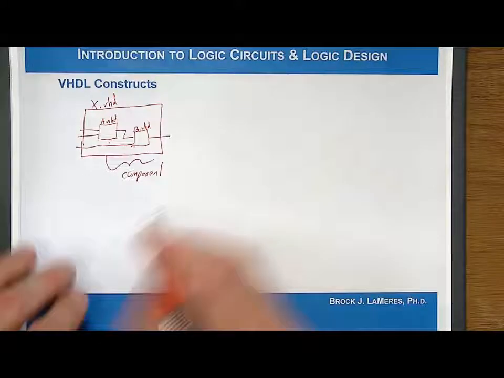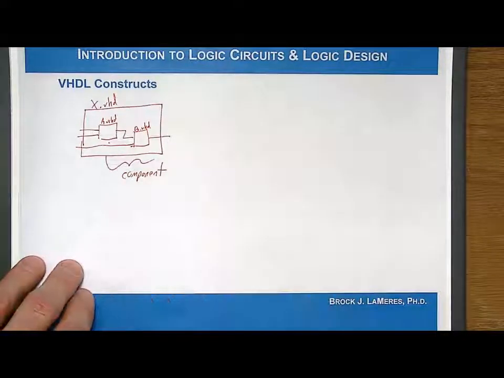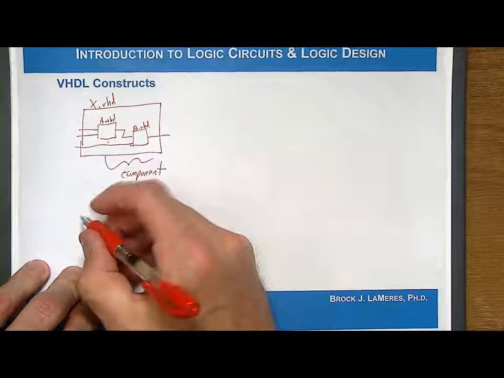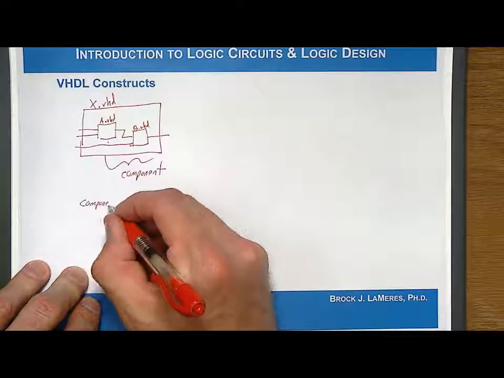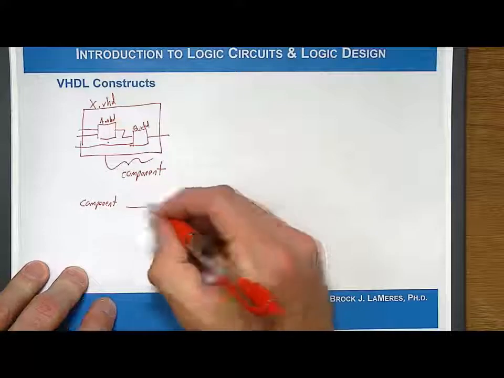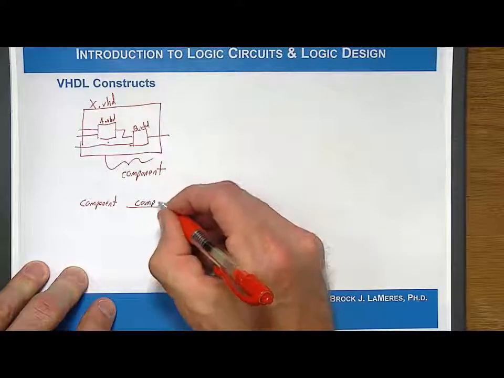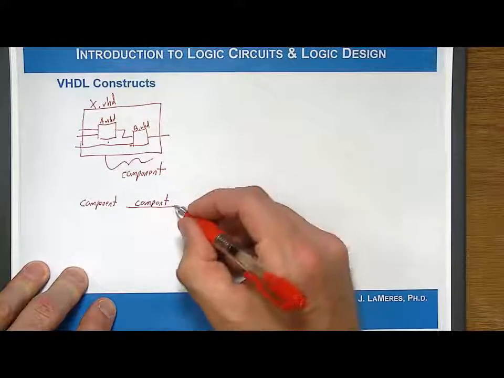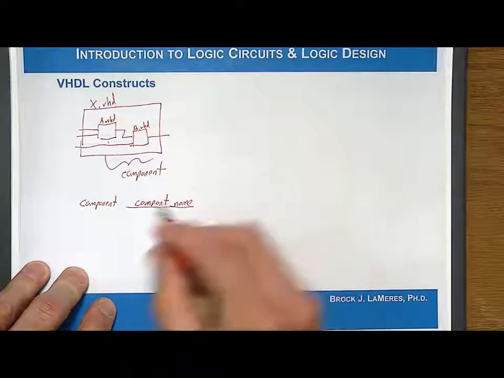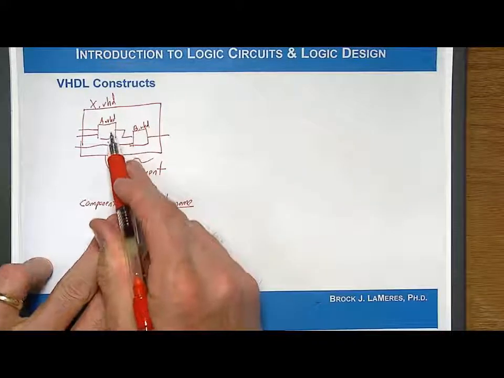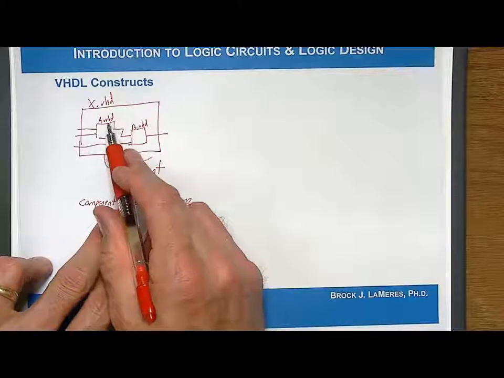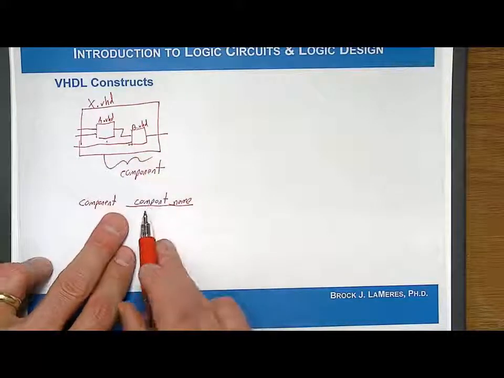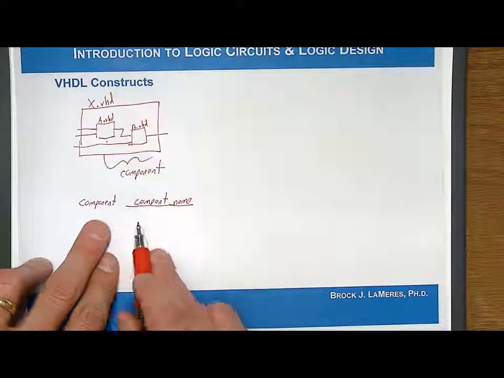And the way that you do that is, remember, it's above the begin statement, and you simply say component, and that's the keyword, and then you give it the component name, and it is very important that you name it exactly what the file is. If the simulator can't find the exact file name in your working directory, then it will give you a compiler error, or it won't find this and won't give you the functionality.